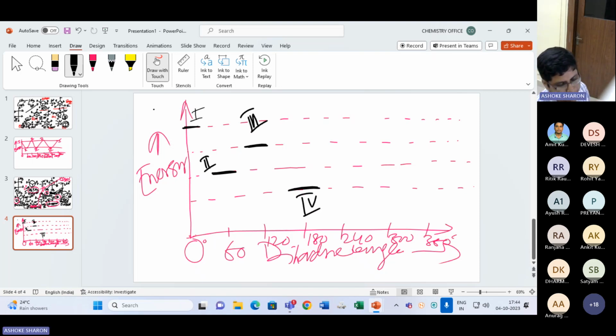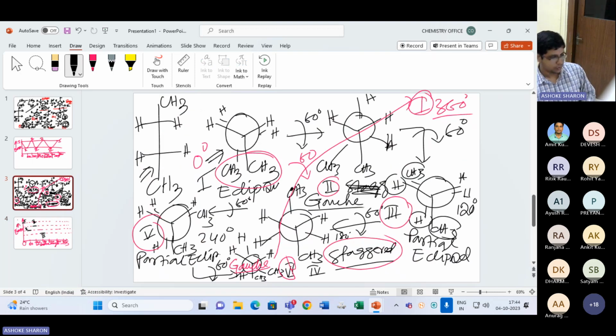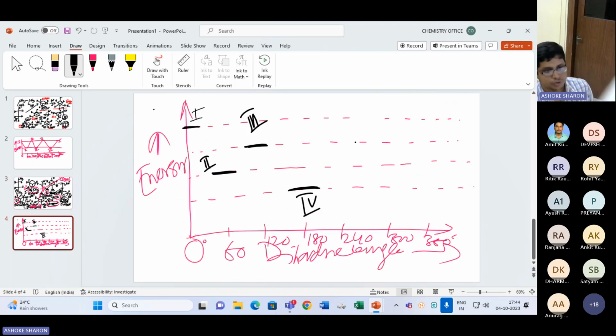And you can compare from this one. 240 belongs here only. This is partial eclipsed, so 240 is definitely here.